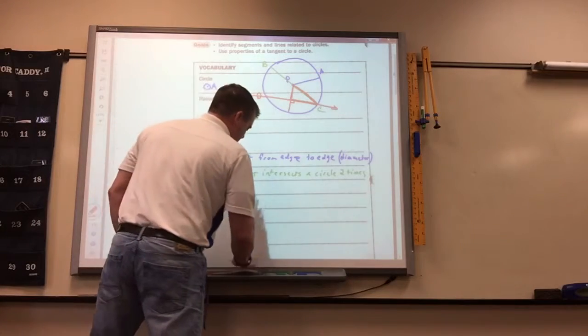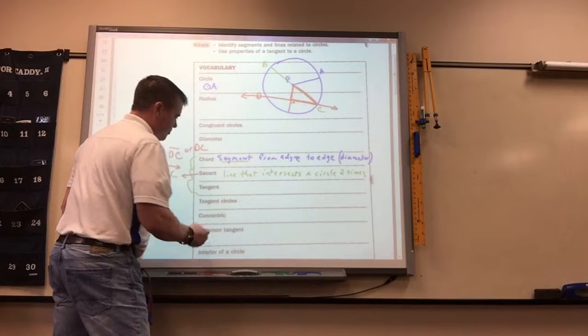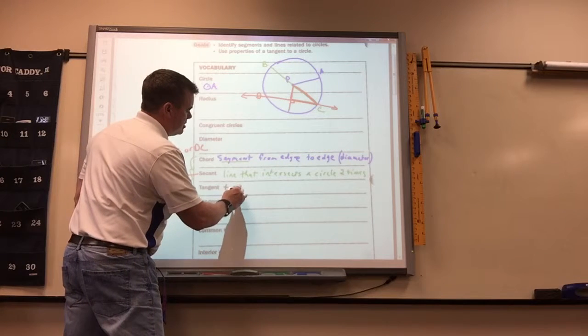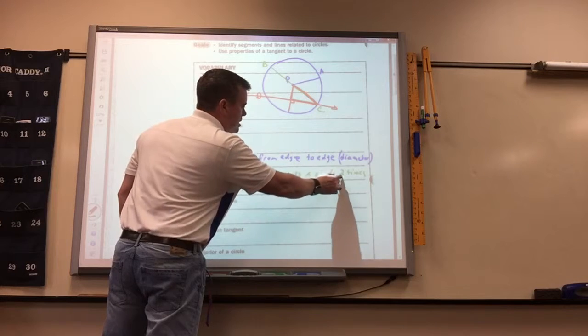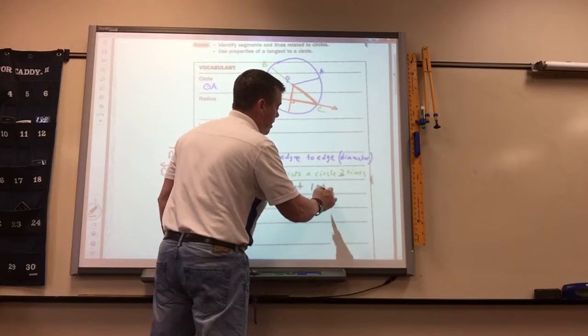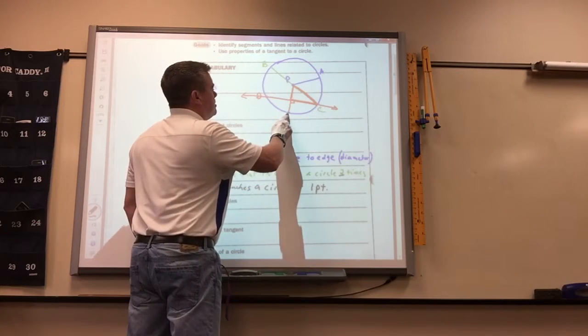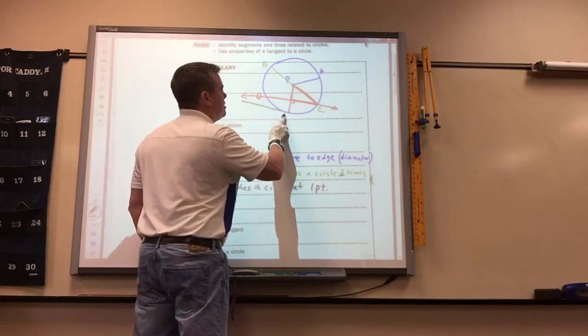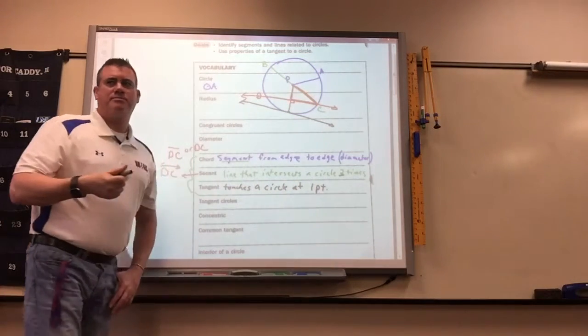And then a tangent. A tangent touches a circle, not 2 times, but at 1 point. So if you pick a point and draw a tangent, or a line that touches just that point, that's called a tangent.